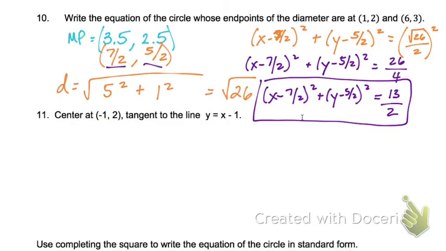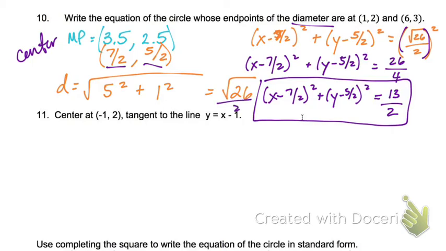Okay, so to find the midpoint, you can use decimals or fractions. This will be your center. Whenever you're finding the midpoint, that is your center. And then the distance is going to be my diameter. You end up getting square root of 26. What I did, and you can do this every single time, is I put it in my equation as square root of 26.